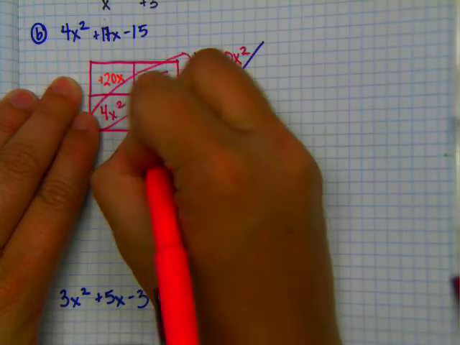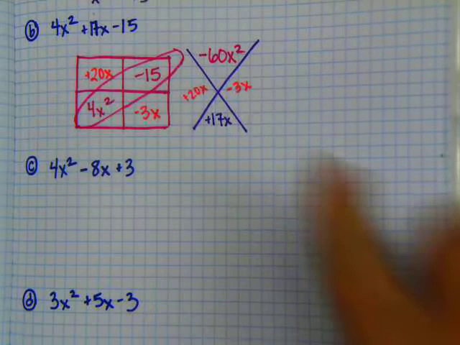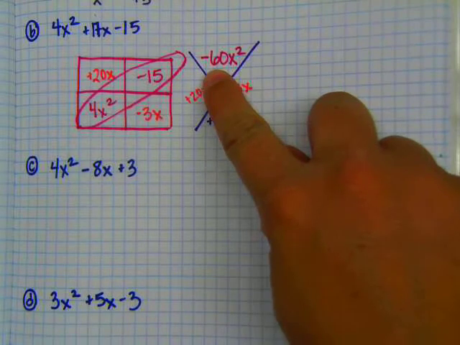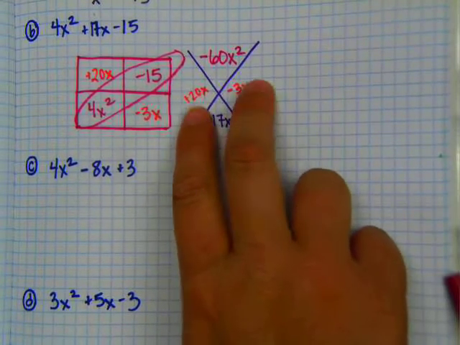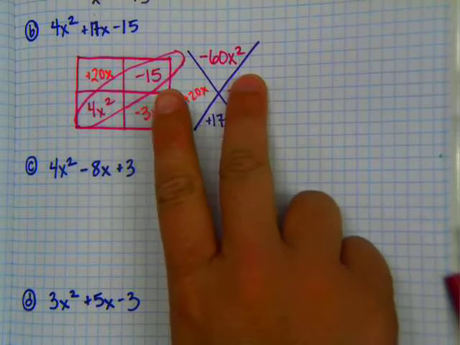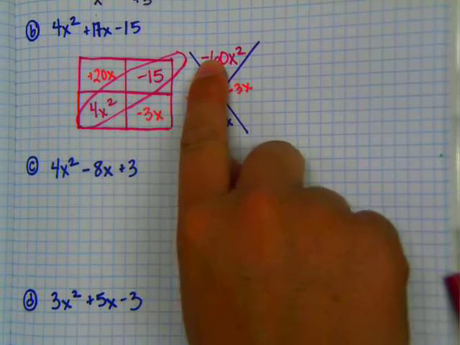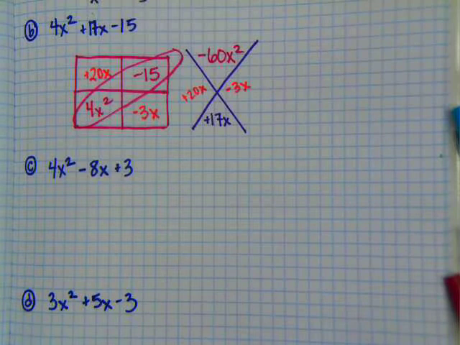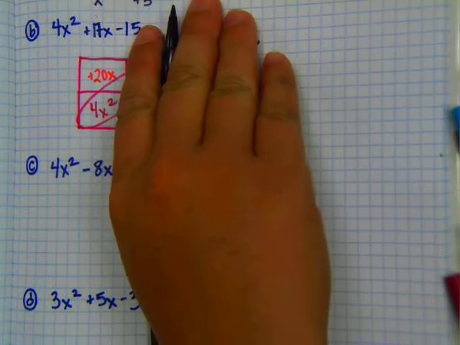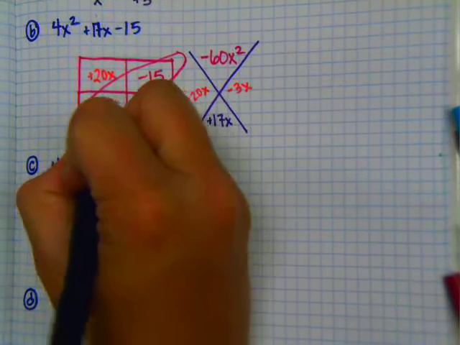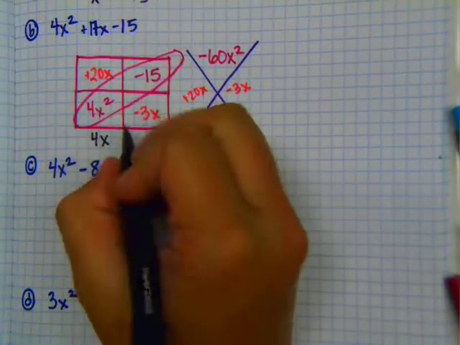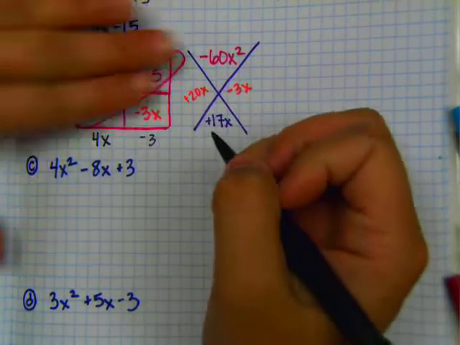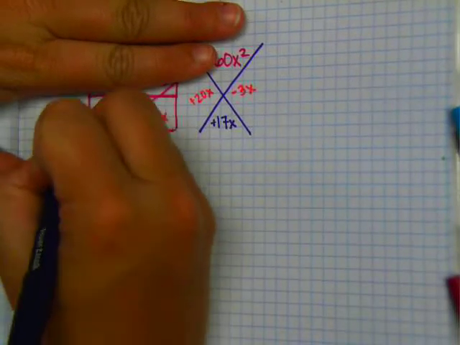A little trick to remember is if this is a negative up here, you will always have one negative, one positive. Down here, positive, negative, negative, positive. One has to be each because that has to equal a negative. And then we find our GCFs. 20x and 4x squared have a 4x. Negative 3x and negative 15 have a negative 3. 4x squared and negative 3x have an x.